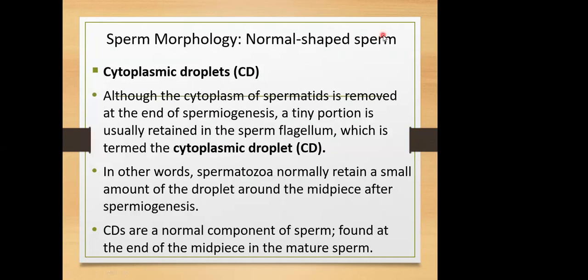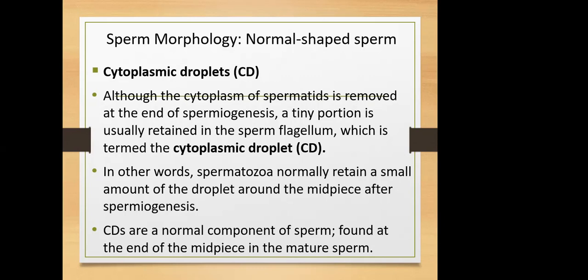Then please let's pay more attention here. Today's lecture is going to be very short. The most important thing is the cytoplasmic droplets, which most of us probably are not familiar with. So it starts like this. Although the cytoplasm of spermatids, and I'm sure at this point you know what spermatids are, that is about the last stage of spermatogenesis. We have the early spermatids and then late spermatids.